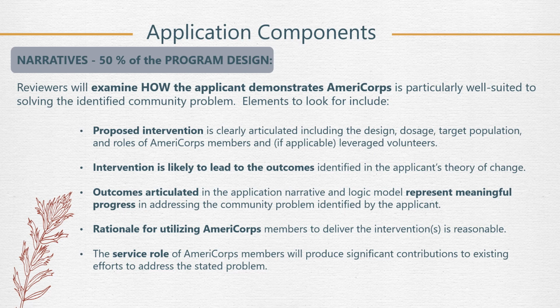Intervention is the articulated way that they are going to problem solve for a specific issue in their community. We want to make sure that it is clear what the target population is and what the role of those AmeriCorps members will be. The intervention is likely to lead to outcomes, and those outcomes need to be identified in the applicant's theory of change.